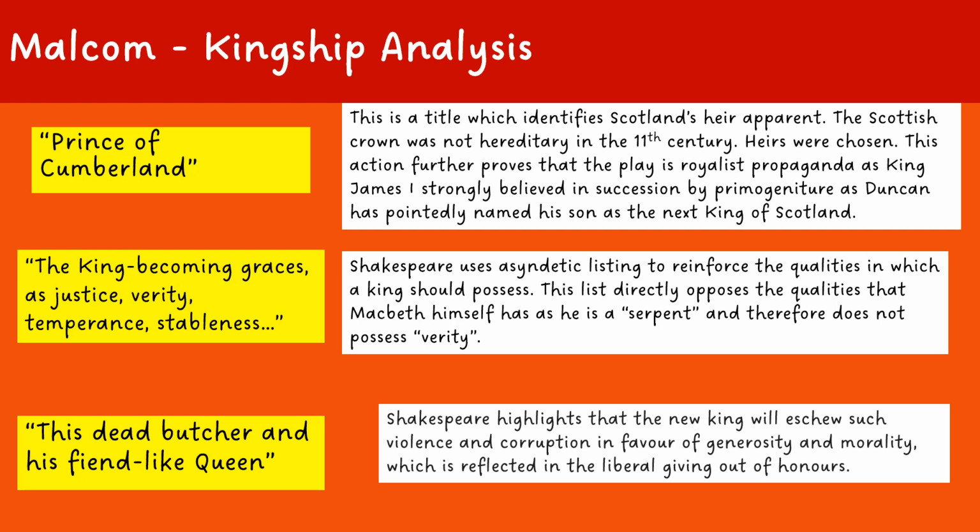So therefore we can see that Shakespeare is supportive of kings being generous, but also in order to maintain a stable throne, okay, that must be paired with somebody who is politically intelligent, which is very different to how Duncan is presented at the very beginning of the play.